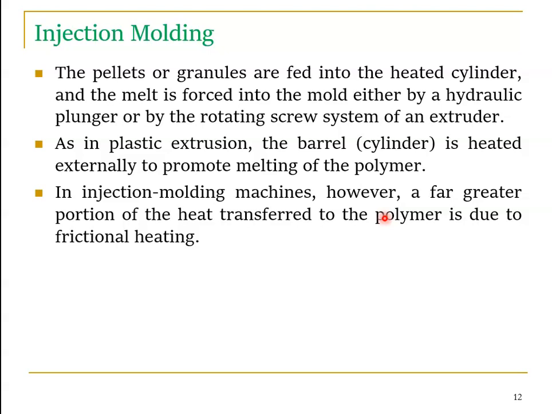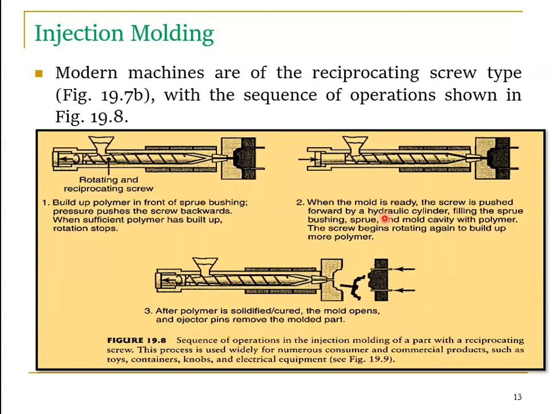In an injection molding machine, however, a far greater portion of the heat transferred to the polymer is due to frictional heating. So friction also plays a major role, and some amount of heat is generated with the help of frictional heating.